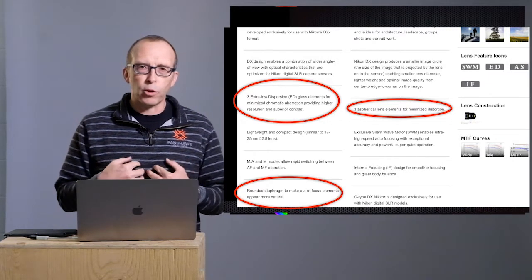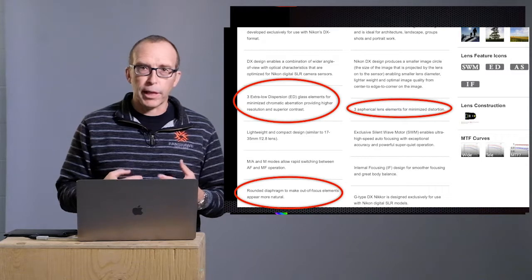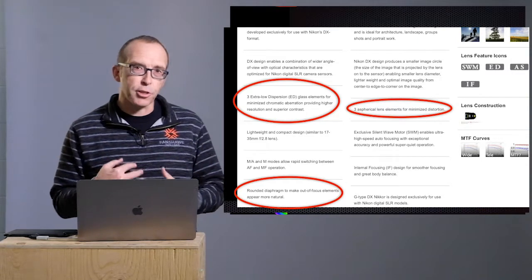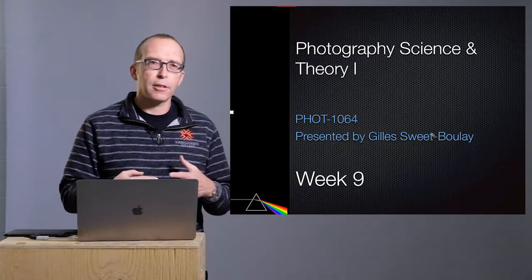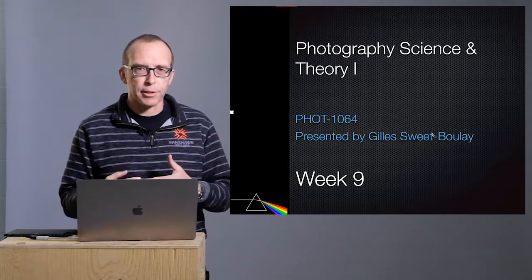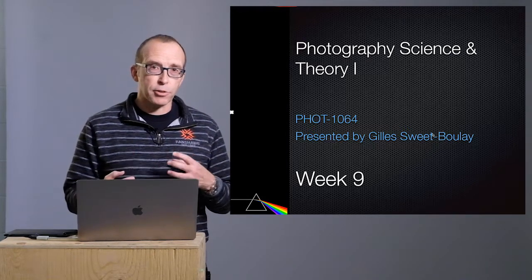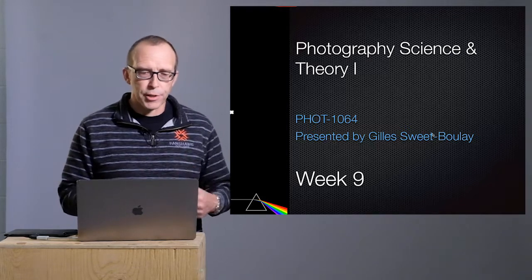The more we know about them, the better we will be at choosing lenses, or at least understanding why good lenses cost more than some other lenses. Typically it's because they're solving some very difficult problems.